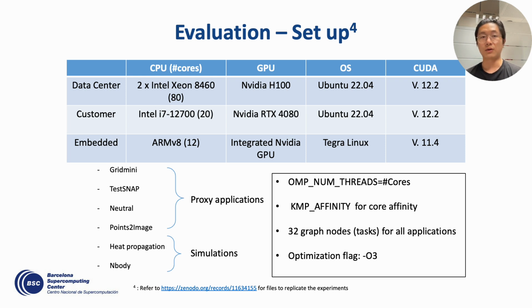It has 2 powerful CPUs, resulting in a total of 80 CPU cores, and an NVIDIA H100 as GPU. The second has a customer level GPU, NVIDIA RTX 4080, and the third one is the least powerful GPU, which is embedded into the ARM CPU architecture as a system on chip.